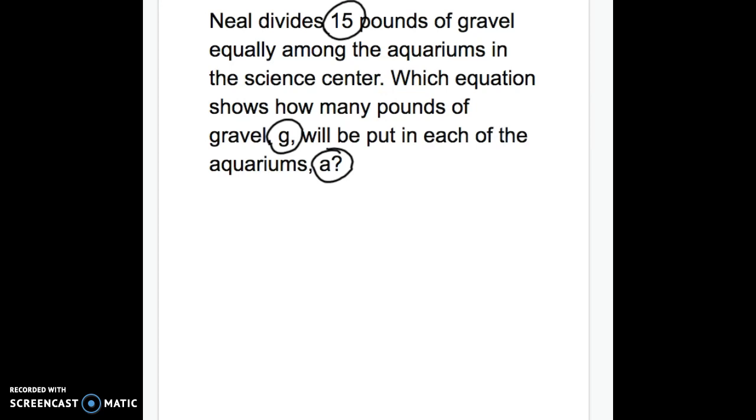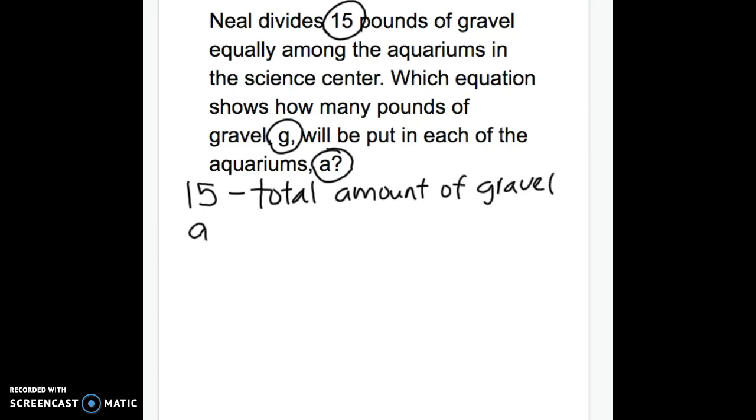Sometimes they will have to come up with a variable at the end of the story problem for what they're trying to find out. After they figure out what numbers or letters they're talking about, go ahead and tell me what each one means. So in this case, 15 stands for the total amount of gravel.